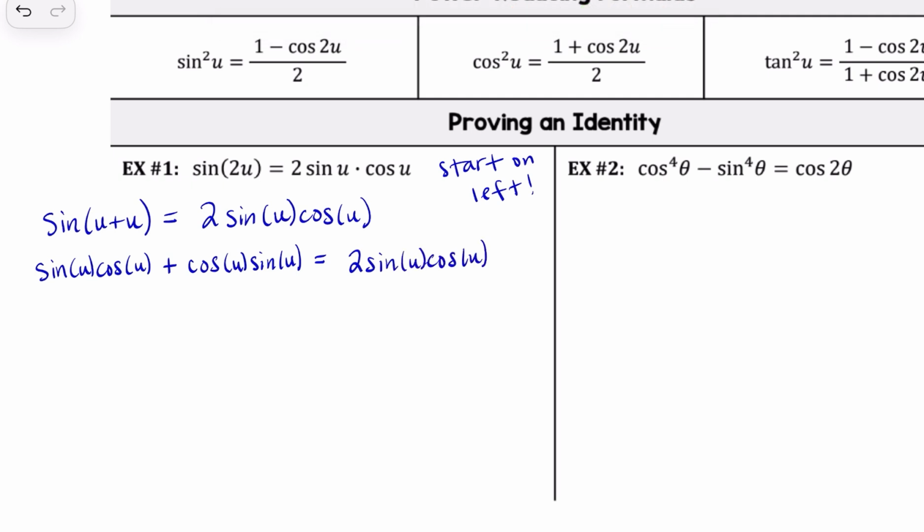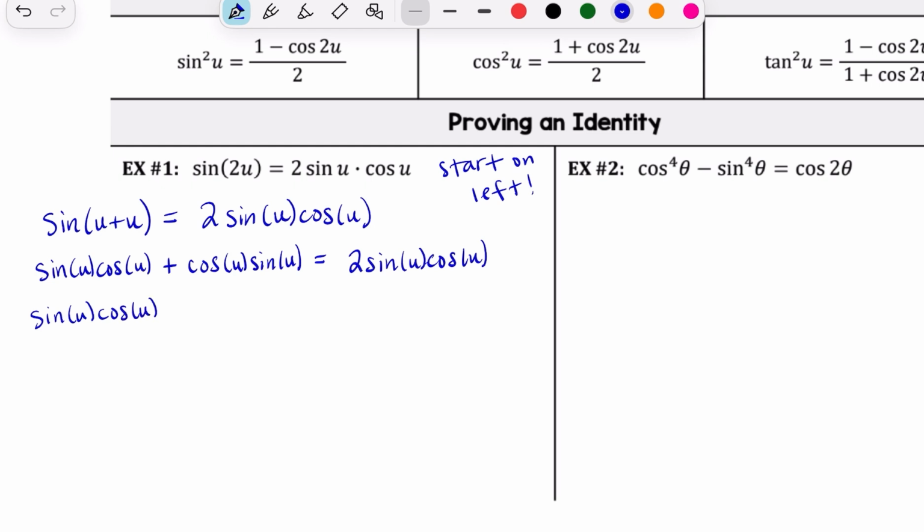All right, now notice here we have sine u, cosine u, we have cosine u times sine u. Those are the same terms, right? I can rearrange the terms here in this product, and we know that multiplication is commutative, so the order doesn't matter. So I can rewrite my left side as sine u, cosine u, plus sine u, cosine u.